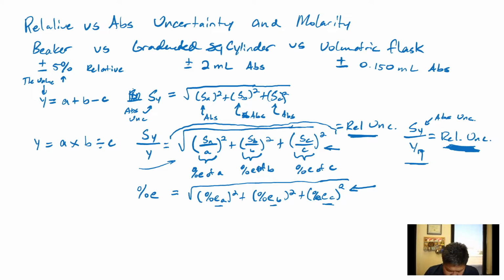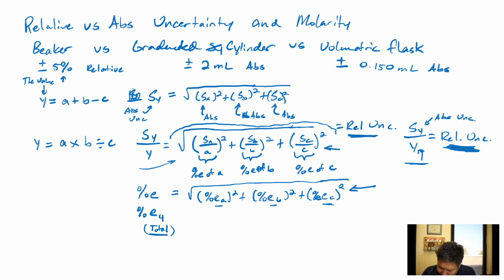So the other thing is that I noticed the book also writes it this way. It writes it as percent E of 4, which is the fourth relative uncertainty. I don't know why they say that. That's weird. But that fourth relative uncertainty really means the actual relative uncertainty, the total. It's not really the fourth, but the total. So make sure you know that, don't get confused.